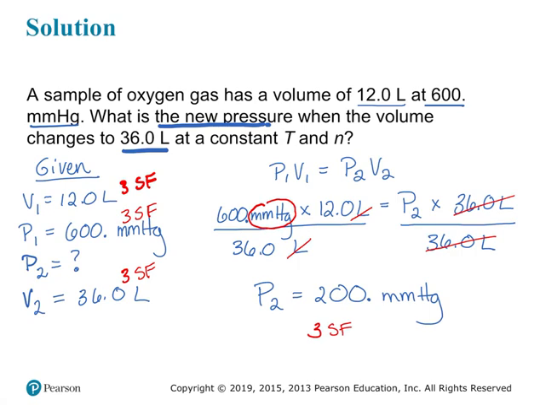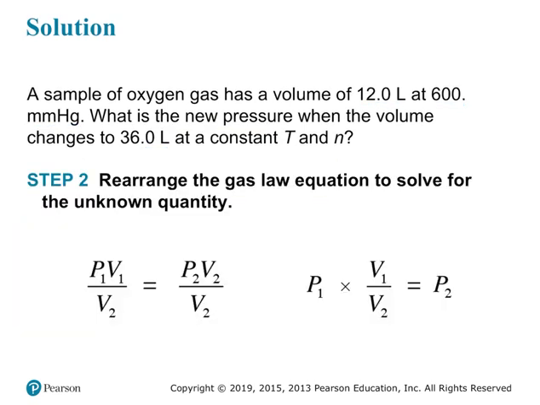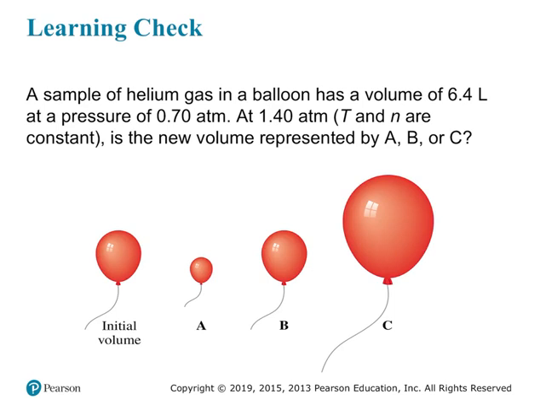All right, so now let's go to our next problem, and this will be our last problem for this law. This one is more of a visual problem. So let's say a sample of helium gas in a balloon has a volume of 6.4 liters at a pressure of 0.7 atmospheres.